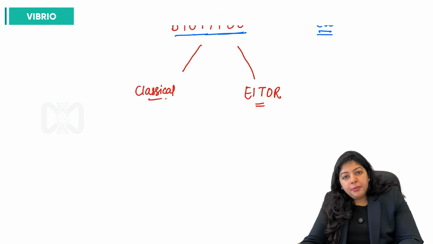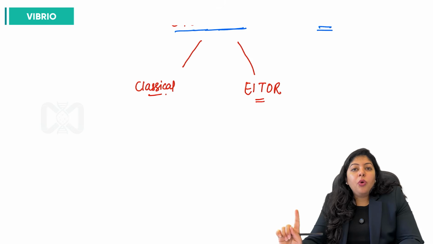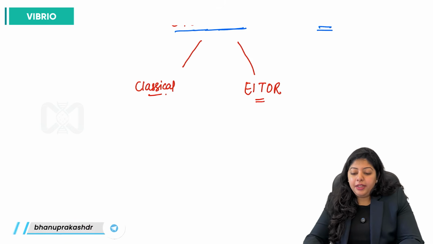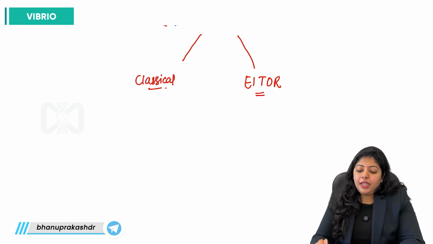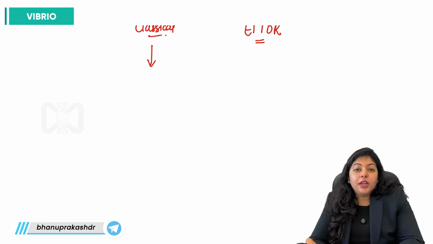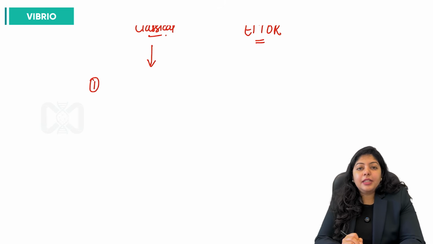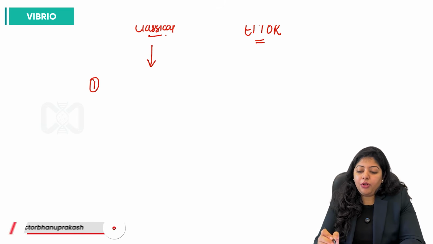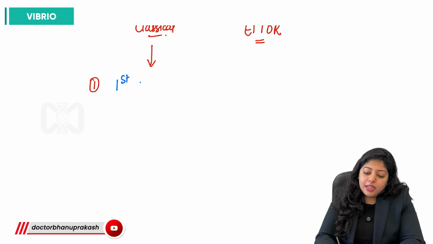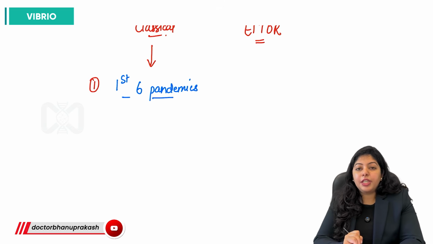So all the pandemics were caused by the O1 serogroup, and now the biotypes. Since we say classical, classics always come first, right? They are going to be hypervirulent. Firstly, the classical biotypes were responsible for the first 6 pandemics.